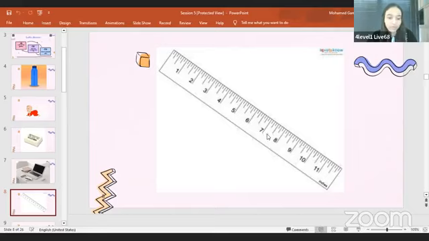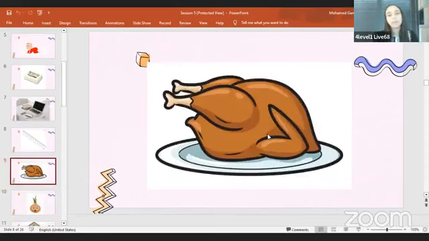Yasmin said a ruler. Do you all agree? Okay, Yusuf, ruler. Abdurrahman, mobile, notebook and a pen for the previous picture, I think. Okay, next one. Tell me in the comments, what is this?